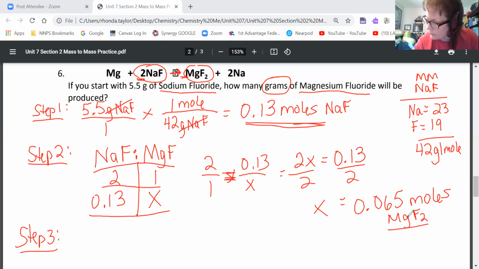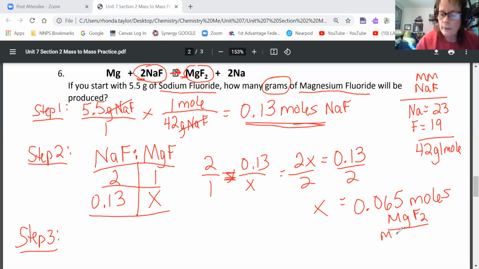If you look on the periodic table, let's see, I wrote it somewhere. I don't have my periodic table in front of me. Hold on, guys. Magnesium, 24. Right.